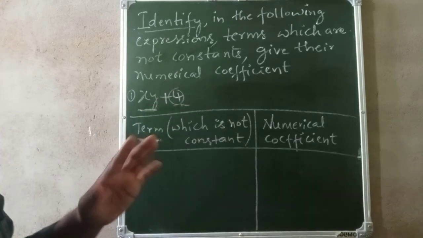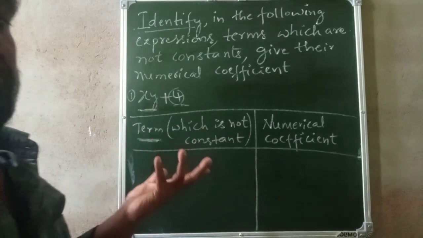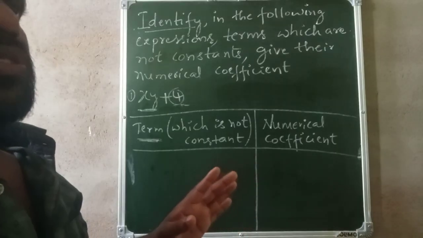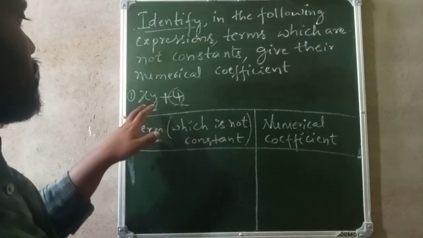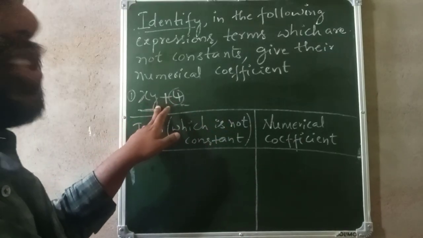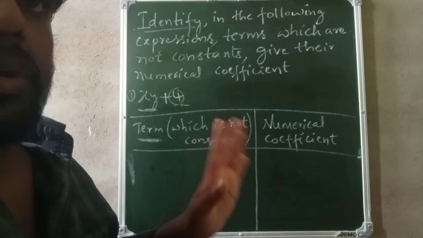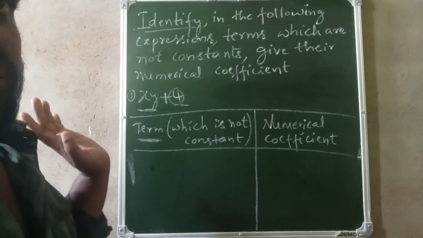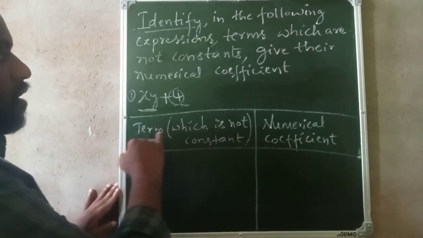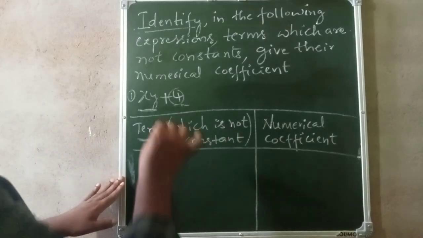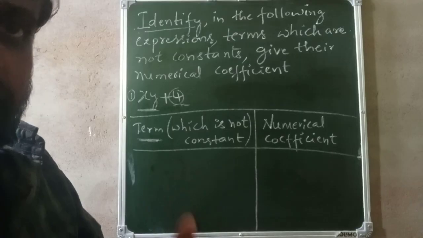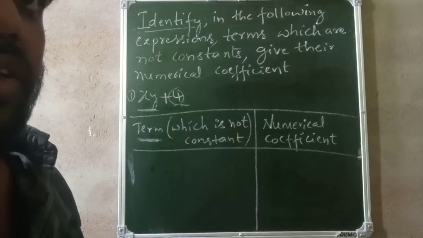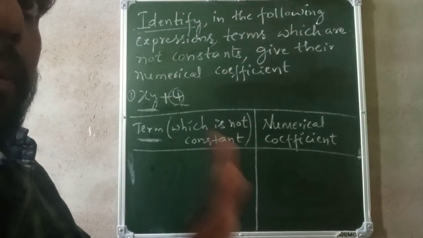Come here. Here there is no number at all. x is a variable, y is a variable. There is no number, which means no constant. So both are variables only. What we want is the term which is not constant. So xy is the term which is not constant, because there is no number there.